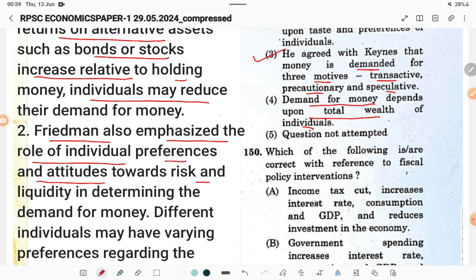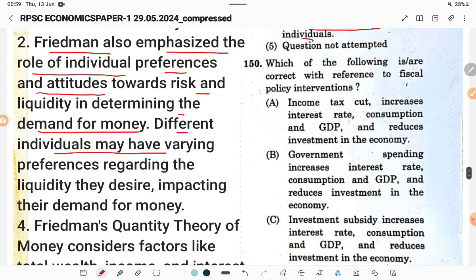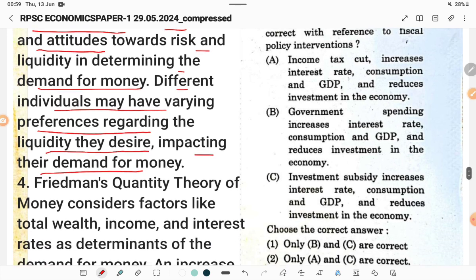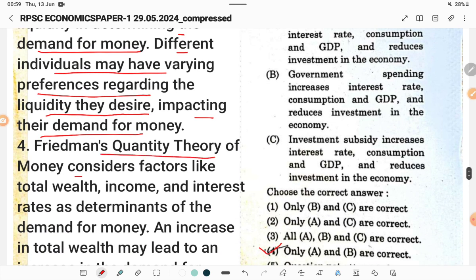And the second statement: Friedman also emphasized the role of individual preferences and attitudes towards risk and liquidity in determining the demand for money. Different individuals may have varying preferences regarding the liquidity they desire, impacting their demand for money. And the fourth statement: Friedman's quantity theory of money considers factors like total wealth, income, and interest rates as determinants of the demand for money.